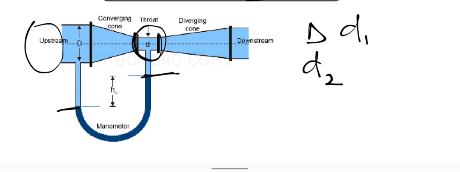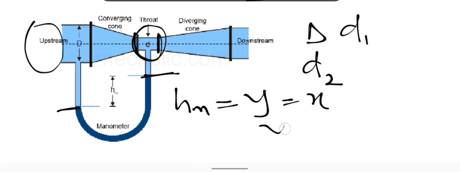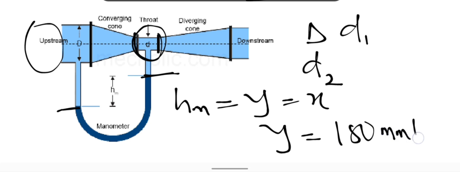We can see that here they denote it as HM. It's denoted as Y, and in some instances as X. For here, let me write it as Y, which is 180 millimeter of mercury. And I'm told that it's mercury inside here. That's the differential, 180 millimeter mercury.